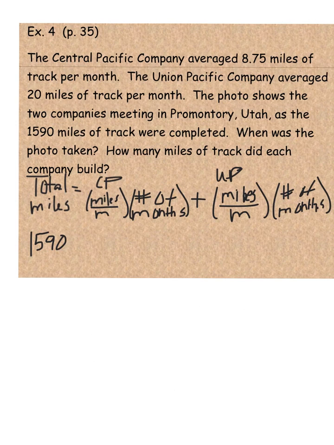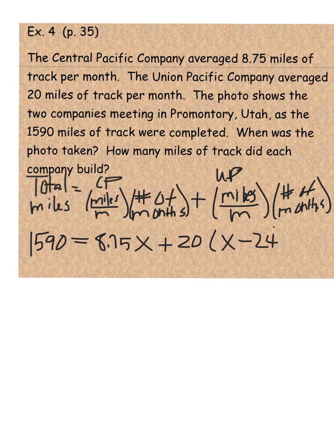For the Central Pacific Company, the miles per month was 8.75. The number of months we don't know, so that'll be X. For Union Pacific, the miles per month was 20. And the number of months will be the number of months for the Central Pacific Company minus 24.